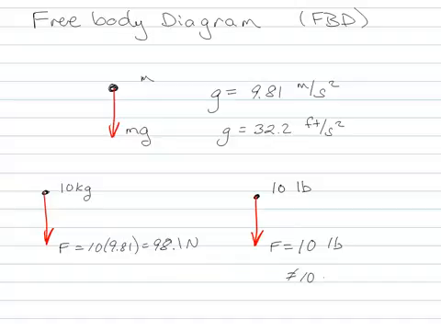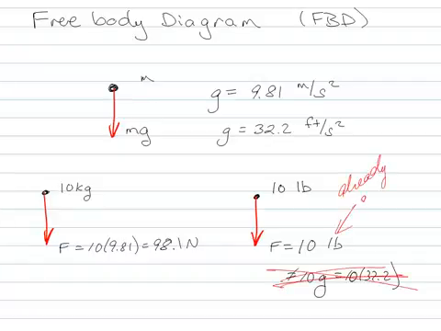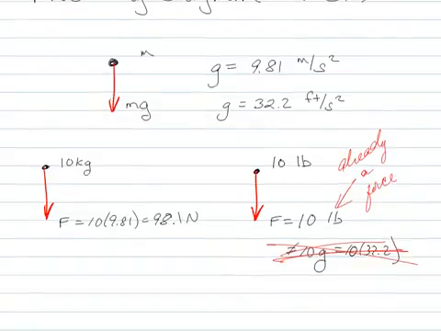The force is not 10g or 10 times 32.2. It's not that, because remember, pounds is already a force. It's already written in terms of force, so don't multiply by anything. Alright, so, moving on.